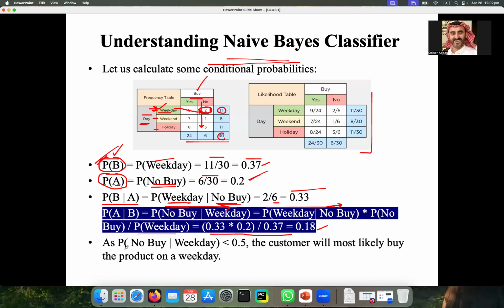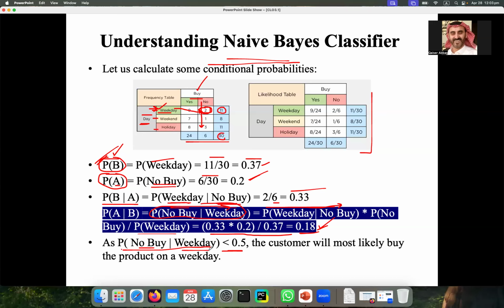0.18. So now the probability of no buy given weekday is 0.18, which is less than 0.5. 0.5 means 50%, okay? And 0.18 is less than 0.5. It means that the probability of no buy on a weekday is very low, so no buy is not going to occur on a weekday.